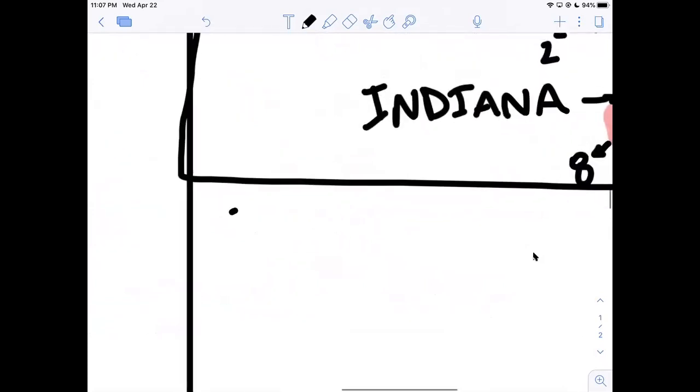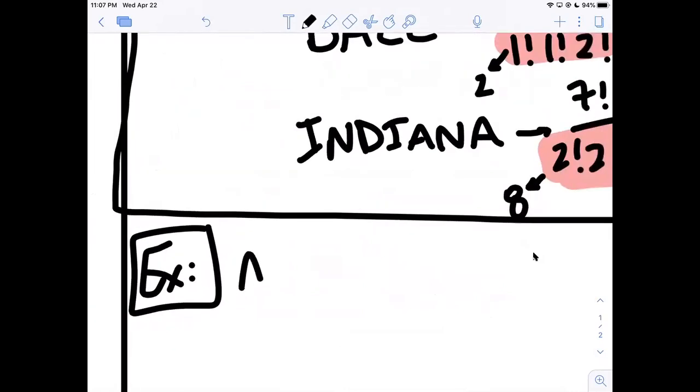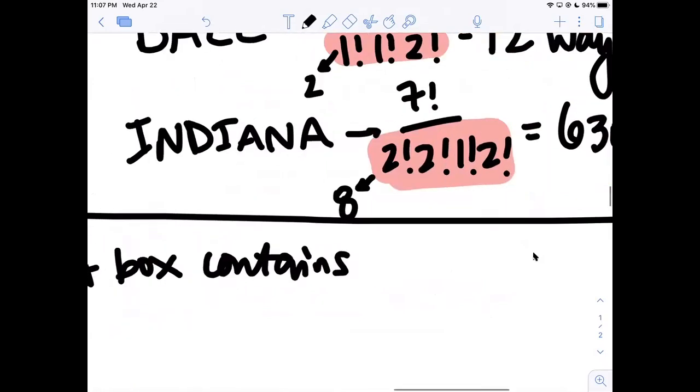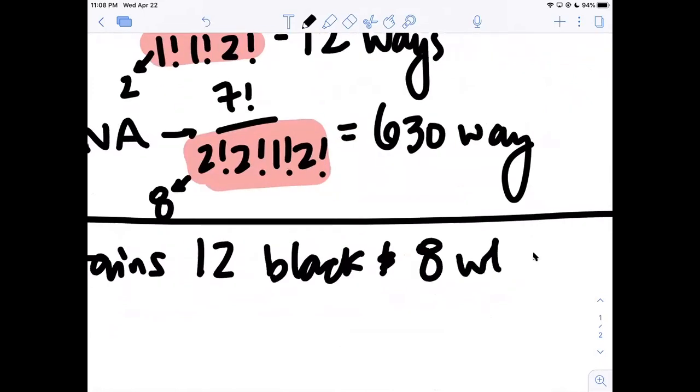Another thing we often do with these kinds of probability problems is marbles. So you're going to see some marble problems on homework and on notes in the future. So we're going to say that we have a box and it contains 12 black marbles and 8 white marbles.